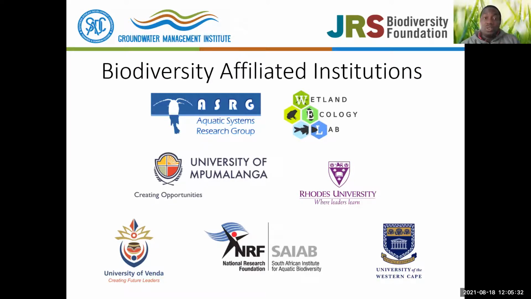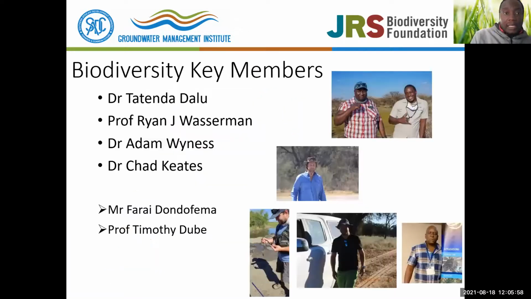Those are the two leading institutions for the biodiversity component. And then we have the University of the Western Cape and Venda that will play an important role, especially on the spatial analysis of the identified taxa within these wetland systems.